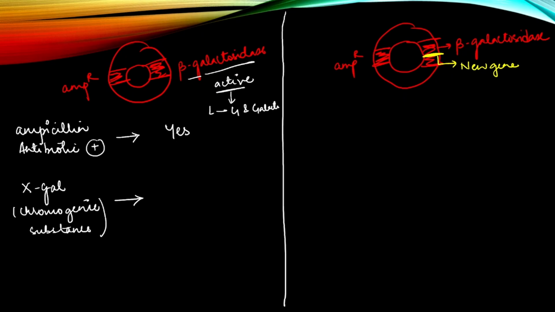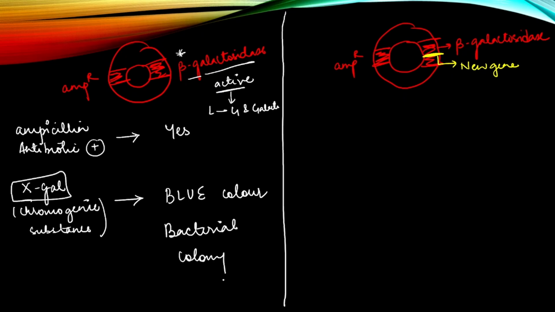So how do we know that the gene is active? If we grow this bacteria in the presence of X-gal and the beta galactosidase is active, it will give a blue color bacterial colony. Here the gene is active, so it is giving a blue color colony.